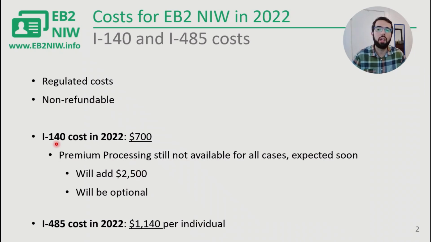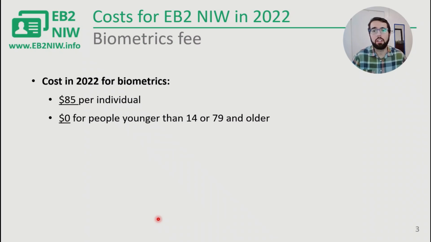So for the I-140, your application is focused on yourself, but you will already indicate if you have dependents in that package. But once you are approved, then each person that is dependent on the application, they will need to pay their own I-485 fee. All right.